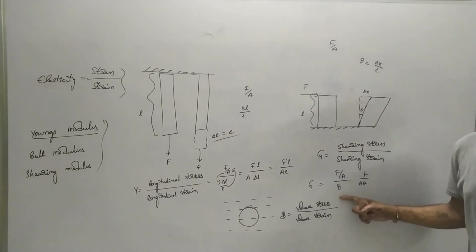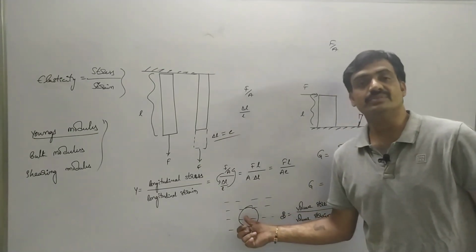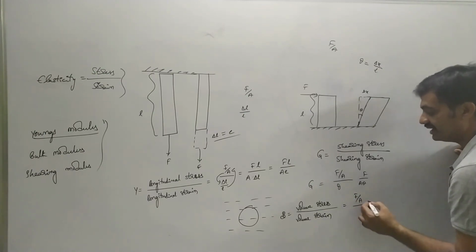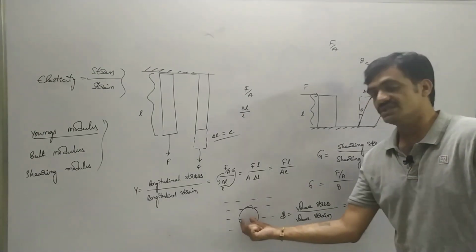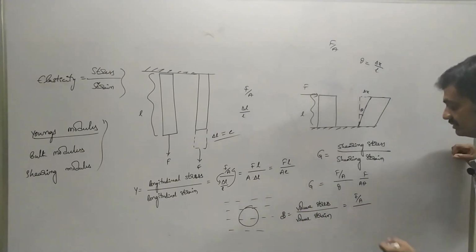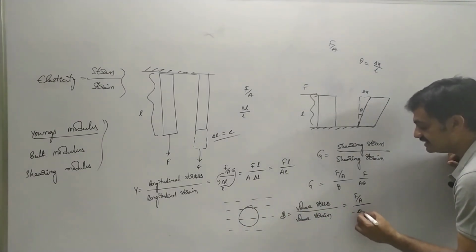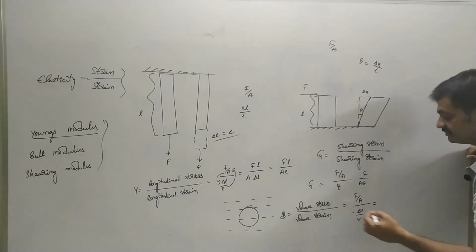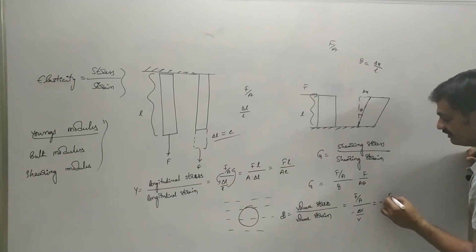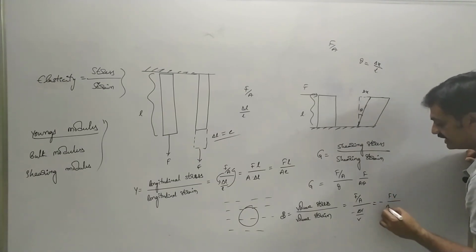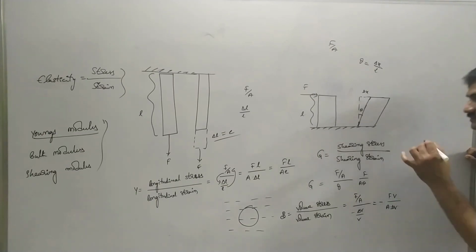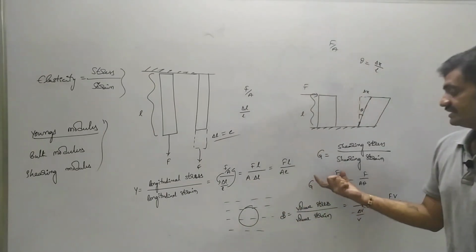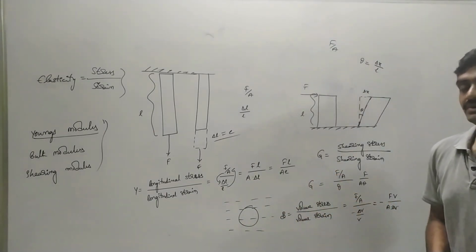We know that volume stress is nothing but force acting per unit area, F by A. Volume strain is nothing but change in the volume per original volume. Since the volume decreases, it is represented as minus delta V by V. Then the expression can be represented as minus F V by A into delta V. In this way, we can represent Young's modulus, rigidity modulus as well as bulk modulus.